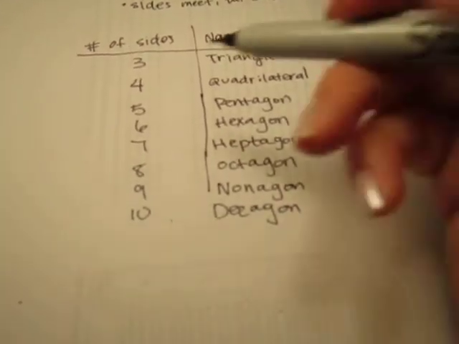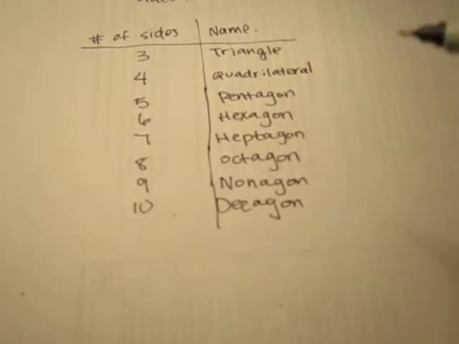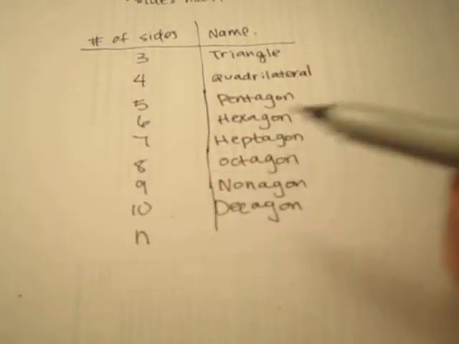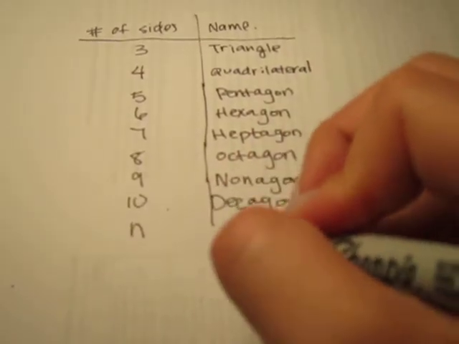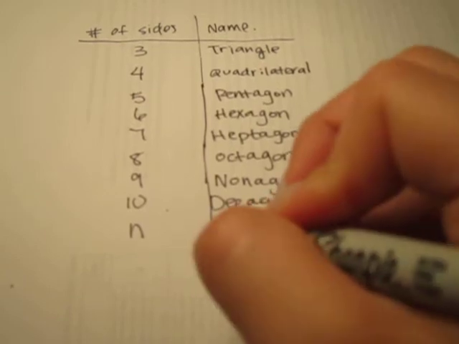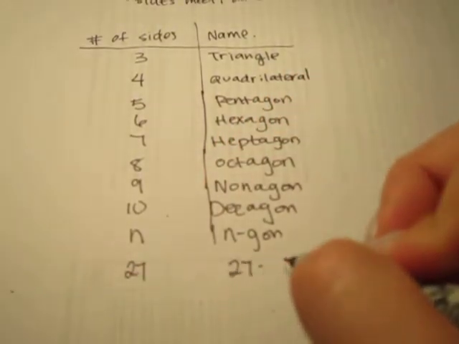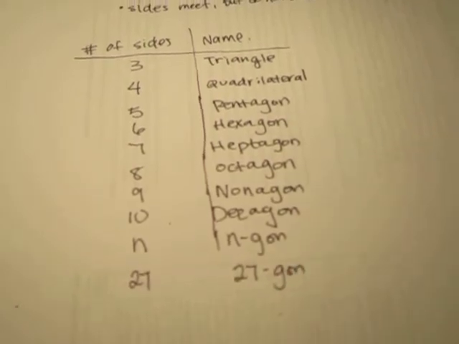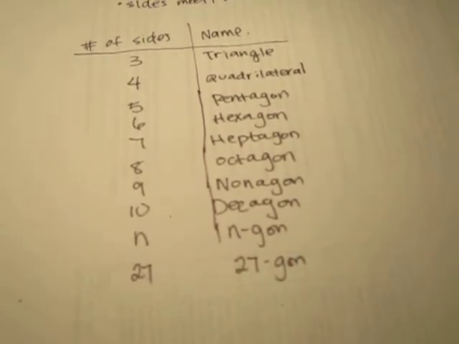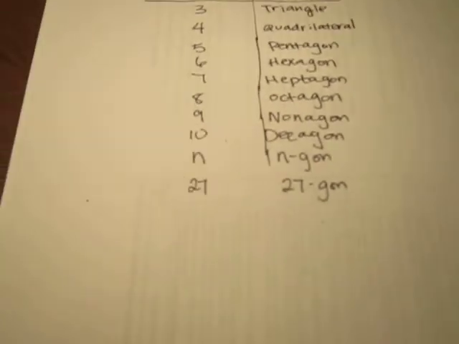And then you could go on forever and ever, but it gets easier because if you have an n number of sides, you just call it n-gon. For example, if you have 27 sides, you just call it a 27-gon. That's easy. Okay, moving on.